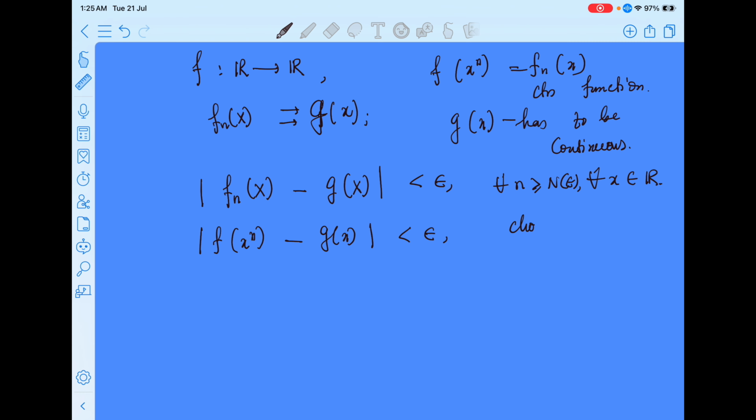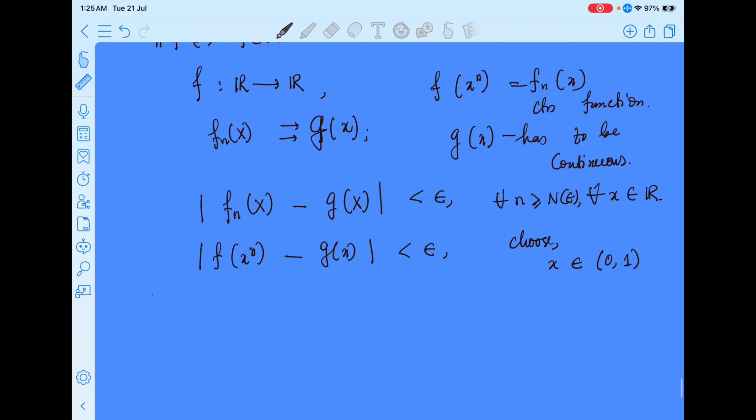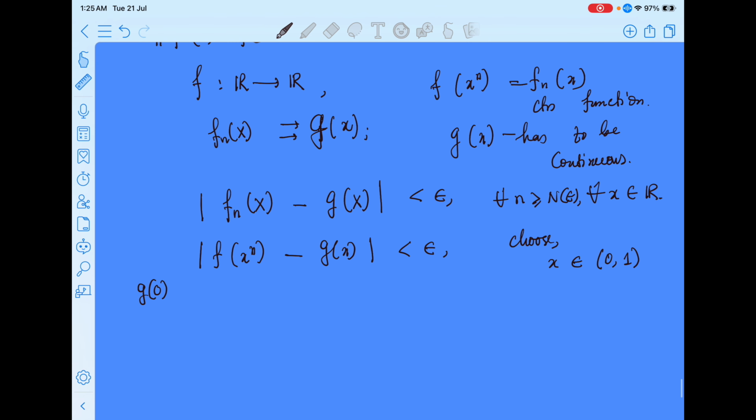Let's just choose x equal to 1/2. Or let us choose x an element inside (0, 1). So this is clear that f(0) = g(0) = f(0) if you put x equal to 0 here, right?